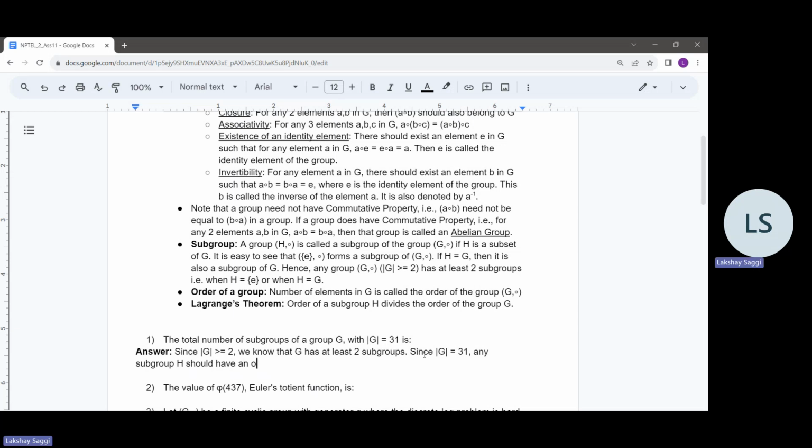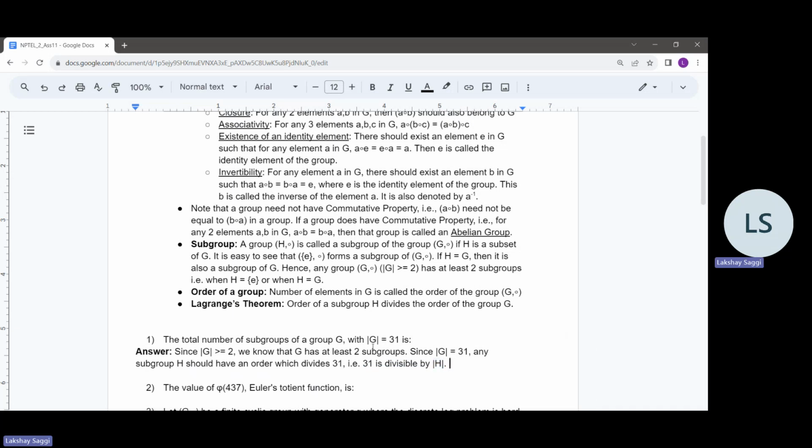Note that if H is a subgroup of G, then 31 should be divisible by the order of the subgroup H.